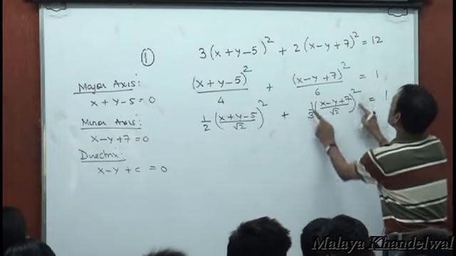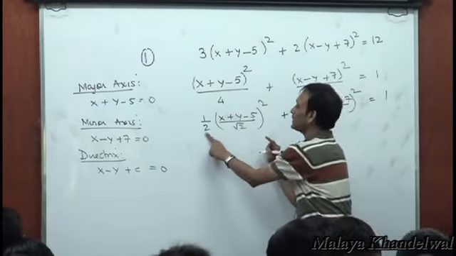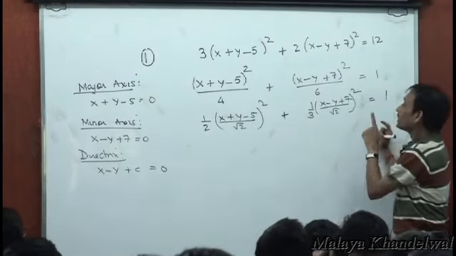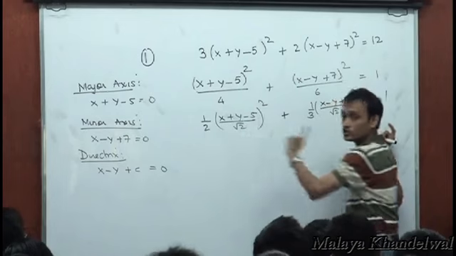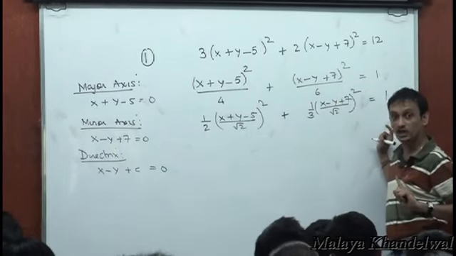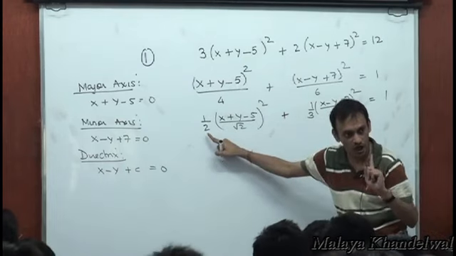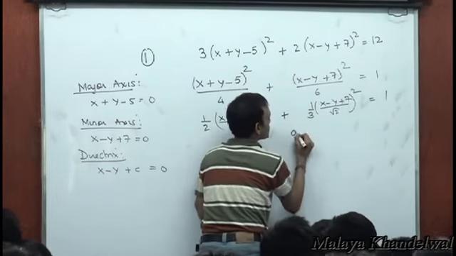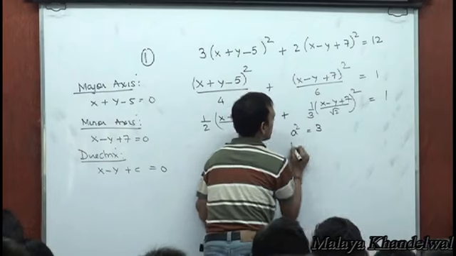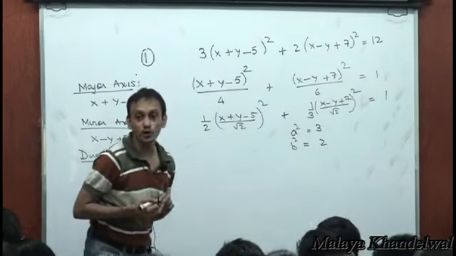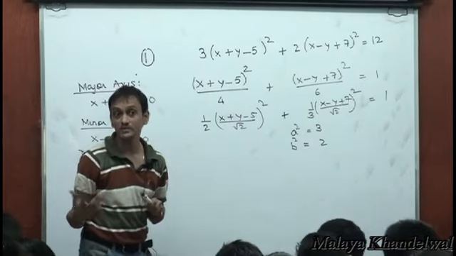So we have PM squared by a squared plus PN squared by b squared equal to 1. So a squared is 3 and b squared is 2. Yes or no? I can compute the eccentricity of the ellipse from this.